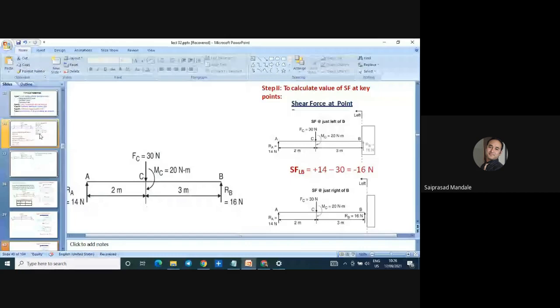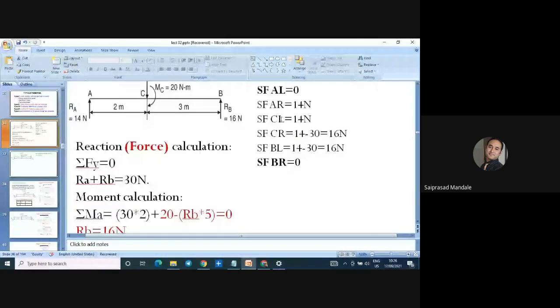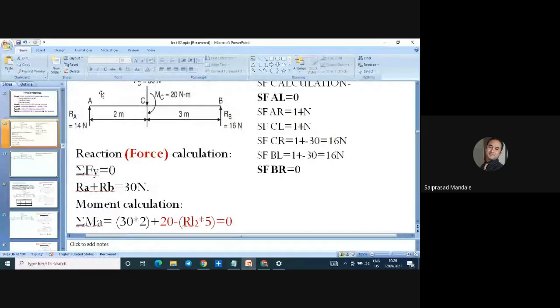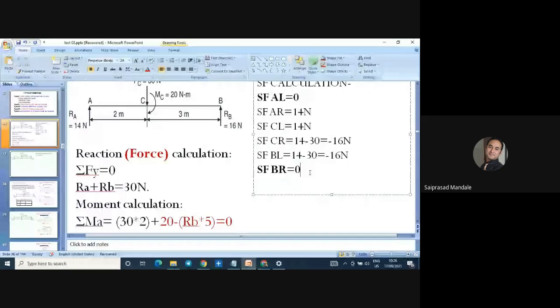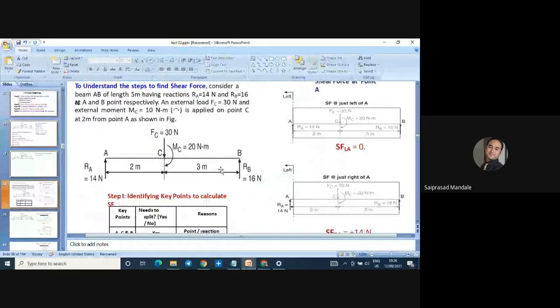Right of C, 14 up, 30 minus, so it is minus 16. So again it is the same, minus 16, and the answer will be the same. So minus 16 plus 16 will be equal to 0, correct? Right.